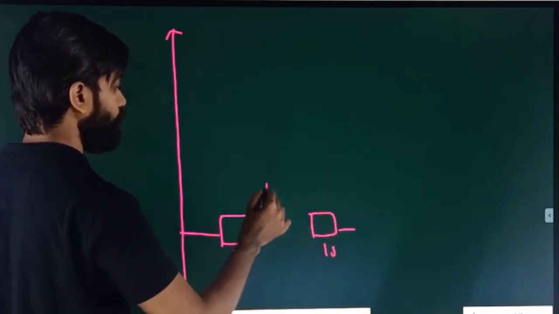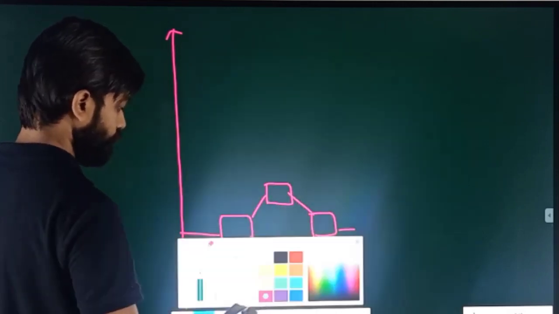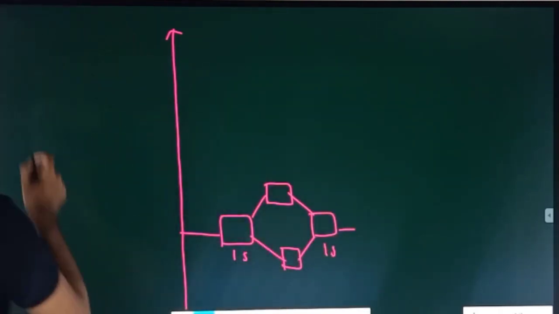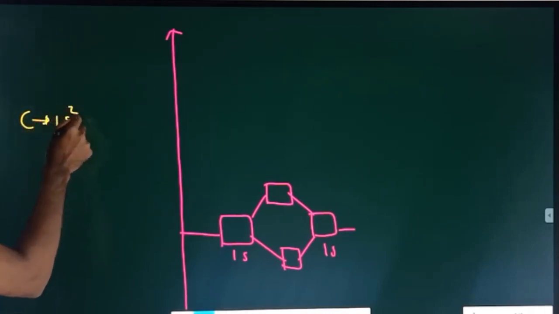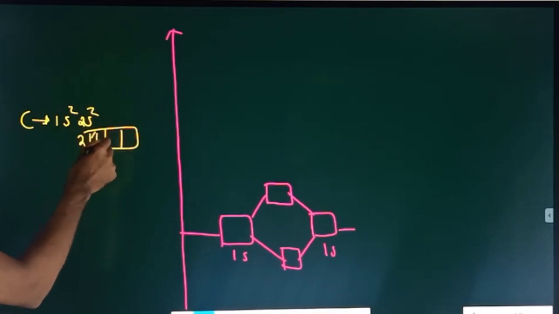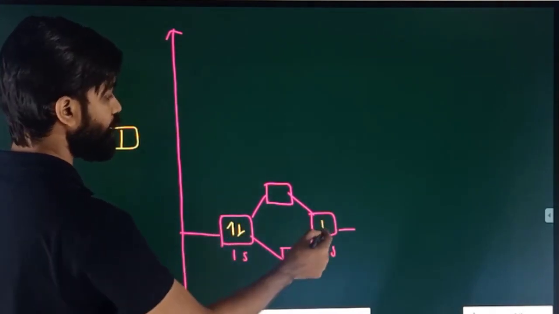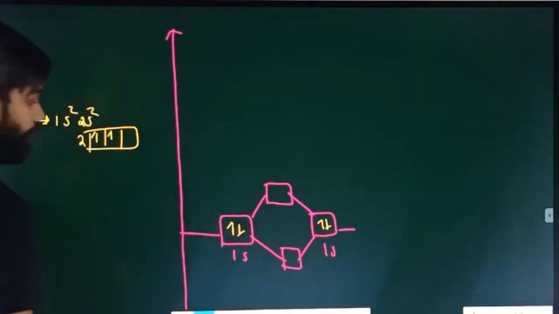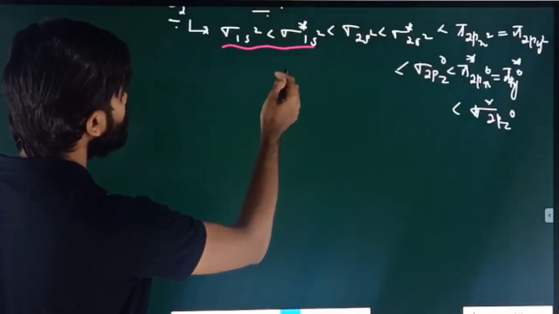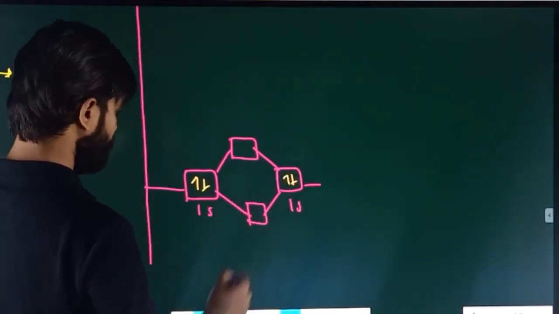When they combine, they form like this. What about the normal configuration of carbon? Carbon is 1s2, 2s2, 2px2, 2py. So the 1s is filled for each carbon. When they combine, they form sigma 1s and sigma star 1s. Both are filled. So this will be like this.